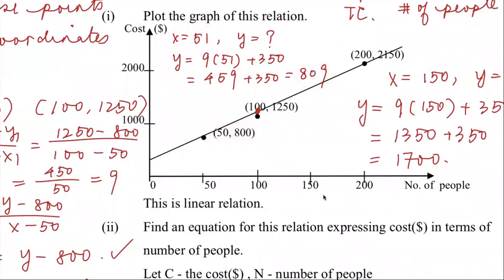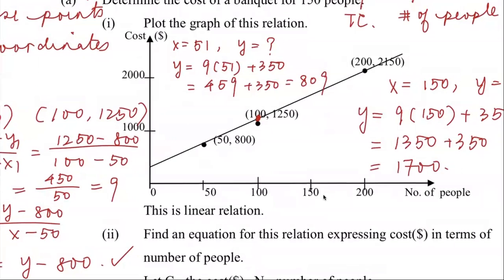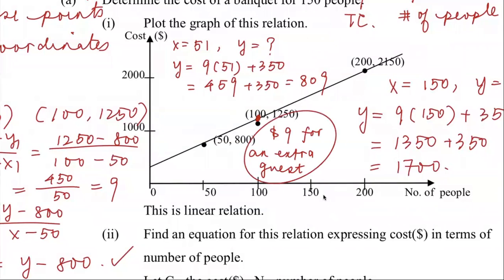What does that mean? That means every time we have one more guest, we need to pay an extra $9. Extra $9 for an extra guest. Let me repeat this.